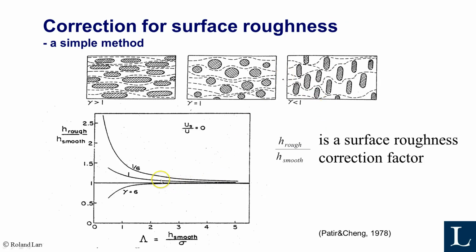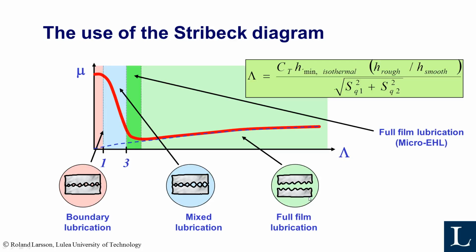And they came up with a kind of correction factor to correct the lambda parameter. For small gamma, this correction factor could be over 2 for small film parameters, while it can be less than 1 for small lambdas if you move in this direction. By using that, you may improve your determination of the film parameter in this way. First of all, you compute the minimum film thickness from the expression for isothermal film thickness.